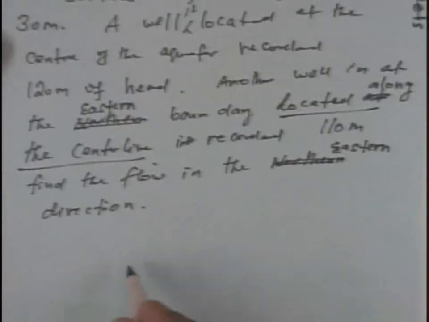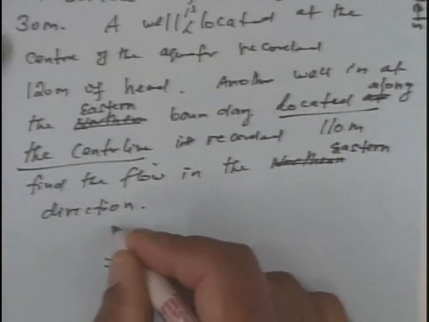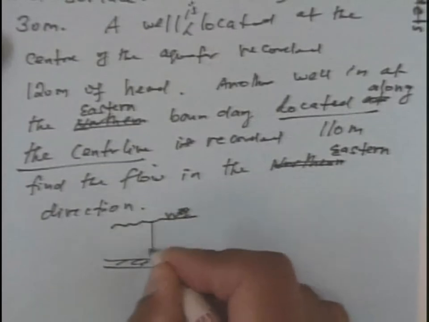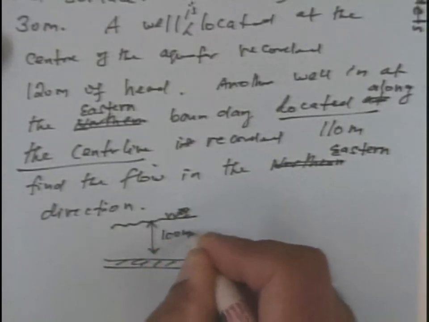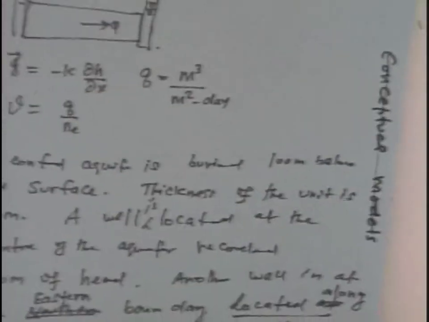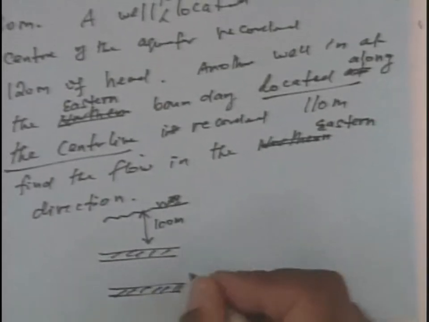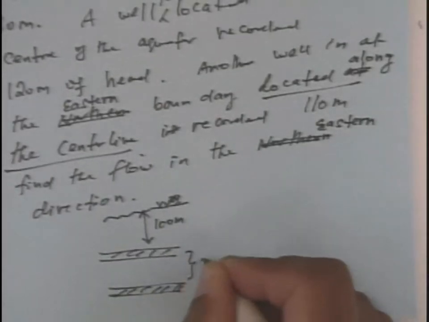So the confining layer from the ground surface is 100 meters, okay? And I kept drilling, and I found it's about 30 meters thick, so I obviously hit another confining layer at 130, so it's 30 meters, okay?